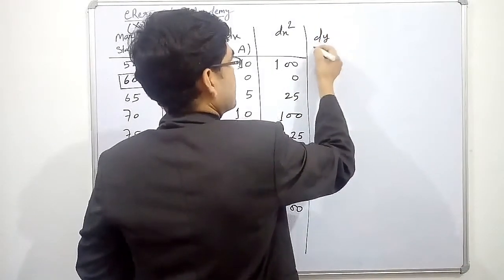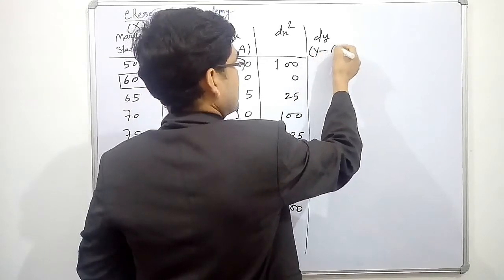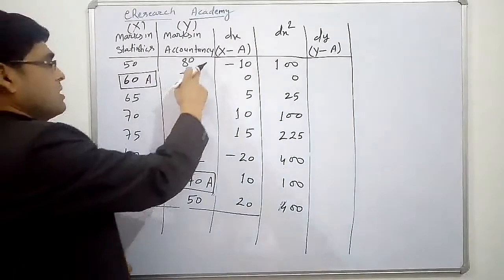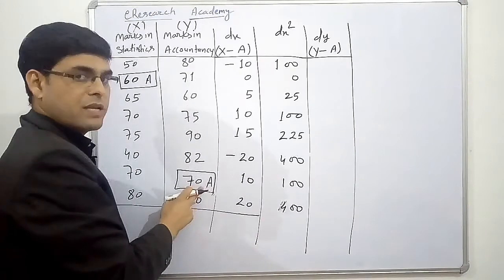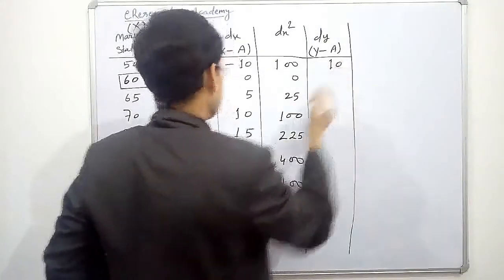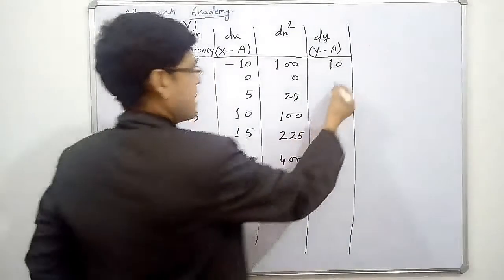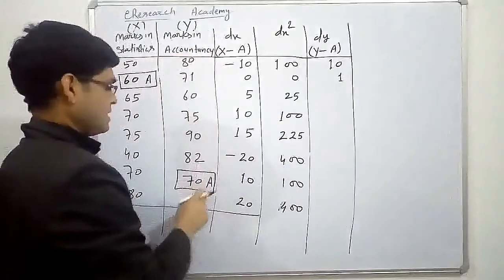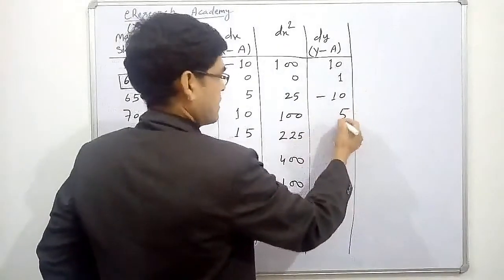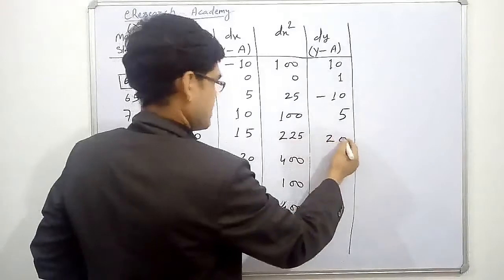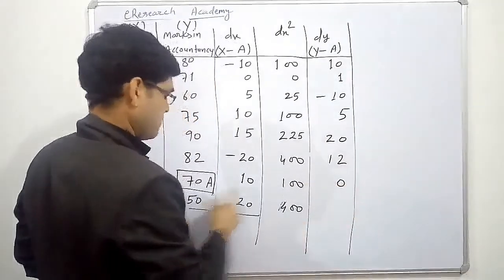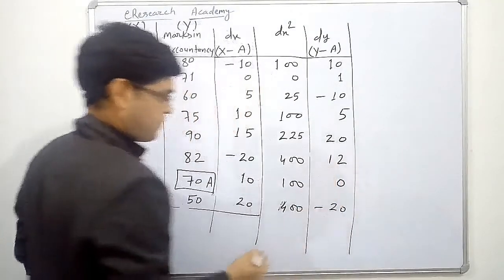Next we need dy. dy is y minus A. Whatever y values you have, you subtract the assumed mean 70 from them. So the first one is 80, 80 minus 70 gives 10. 71 minus 70 gives 1. 60 minus 70 gives minus 10. 75 minus 70, 5. 90 minus 70, 20. 82 minus 70, 12. 70 minus 70, 0. 50 minus 70, minus 20.